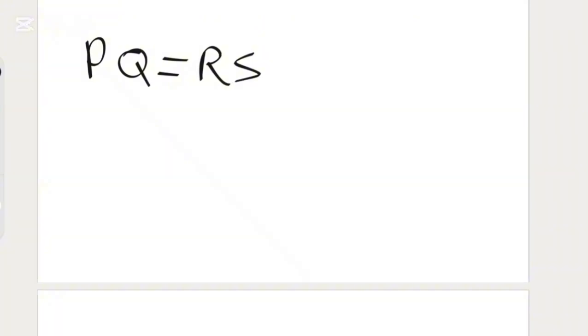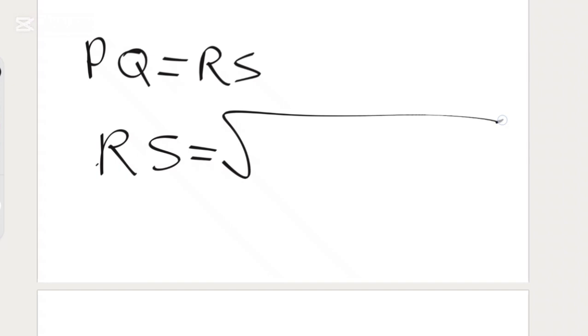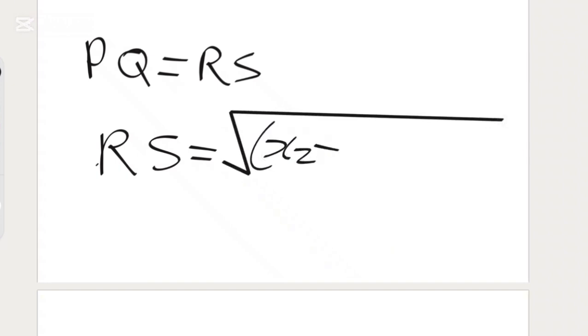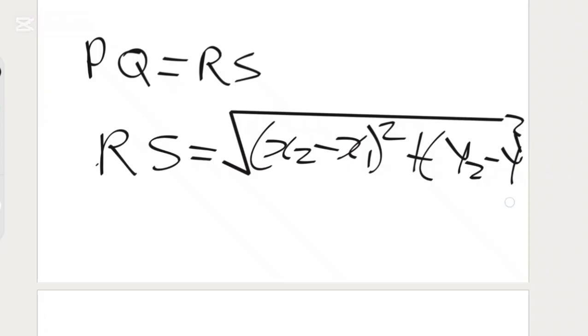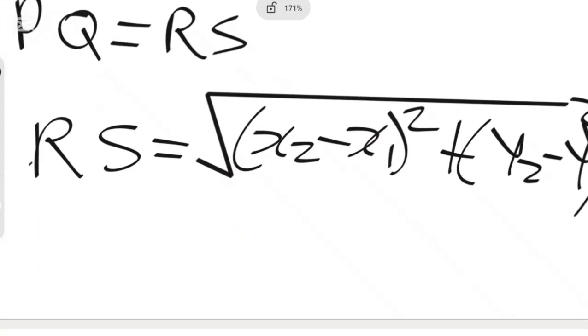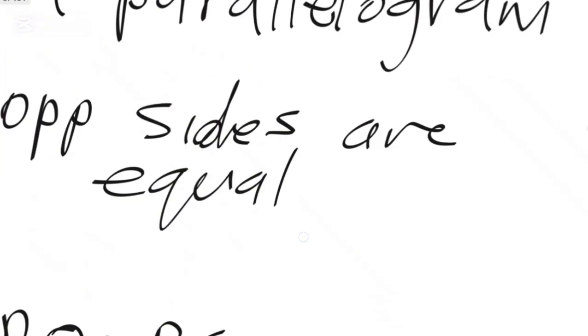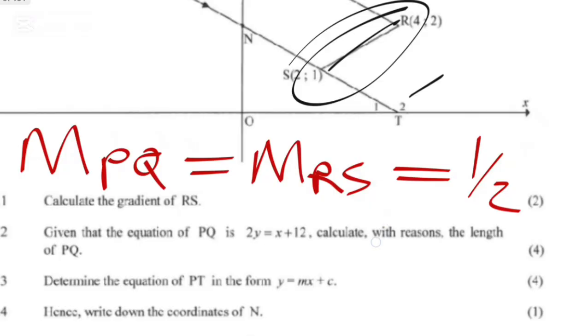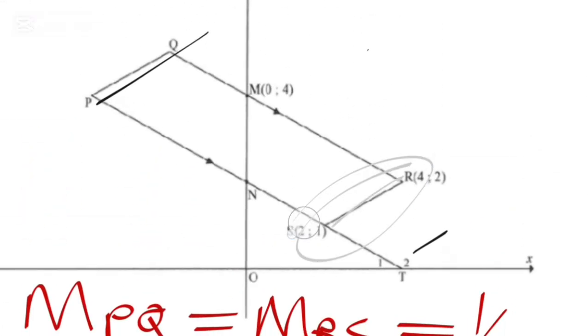How to find RS? RS is equal to the square root of the distance formula. Remember it: x2 minus x1 whole squared plus y2 minus y1 whole squared. You know the distance formula. Come on, you're in grade 12. Then you proceed. The coordinates of RS, you have them written down. Pause, write them down.